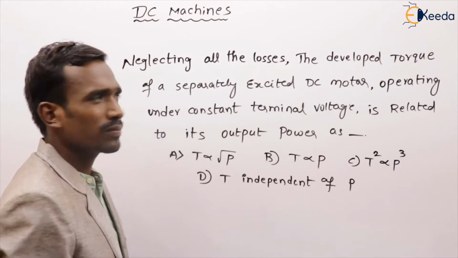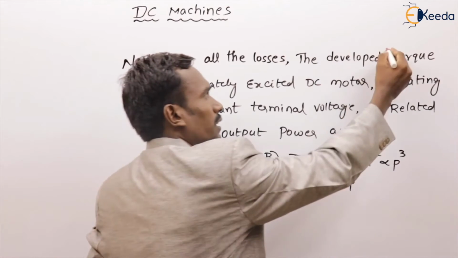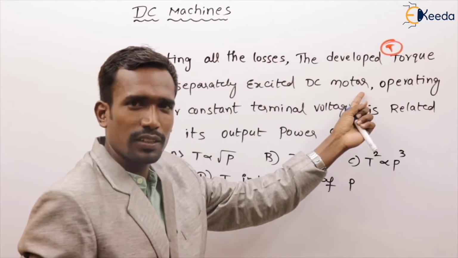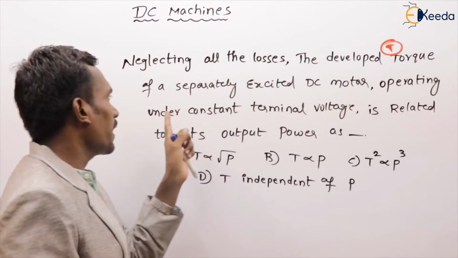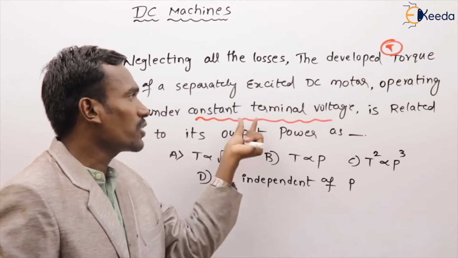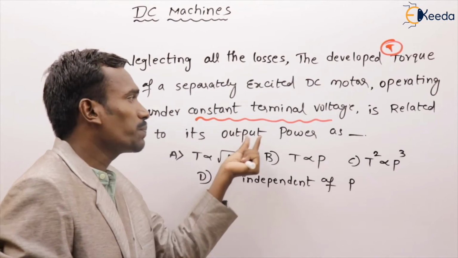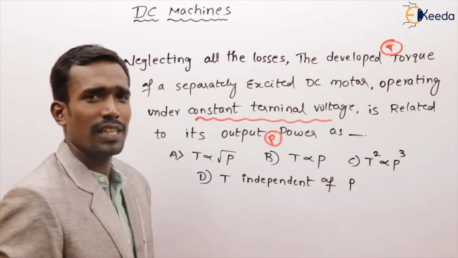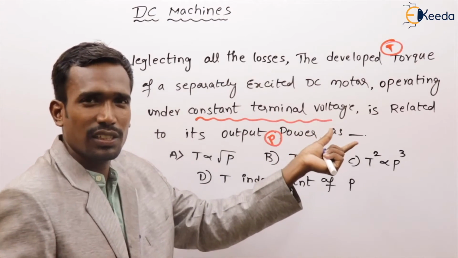Neglecting all the losses, the developed torque T of a separately excited DC motor operating under constant terminal voltage is related to its power output P. For example, torque is T, power output is P, and they gave constant terminal voltage.